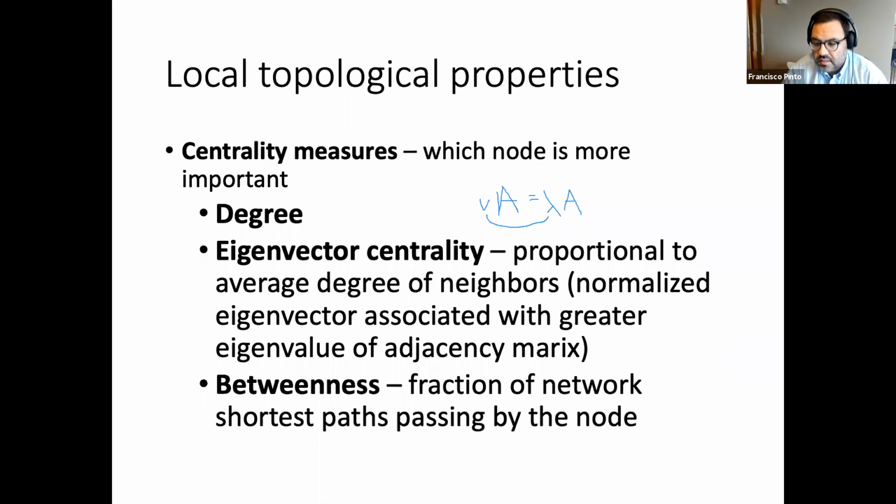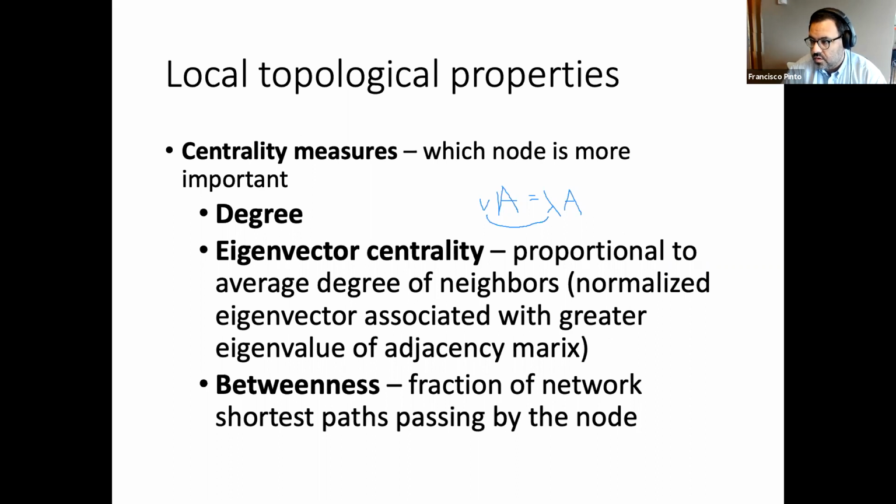And the thing is that in this eigenvector, a node will get a higher score if it has a large degree, but also if its neighbors have a large score.